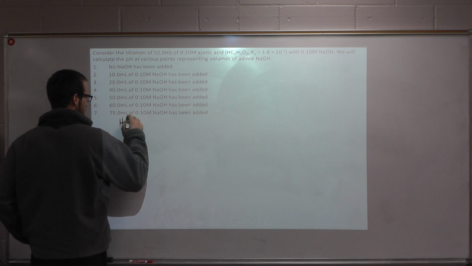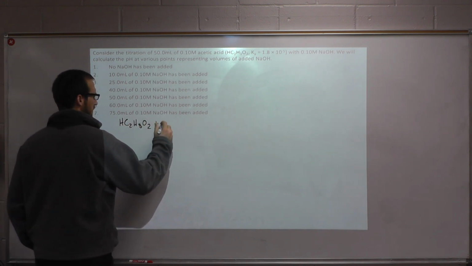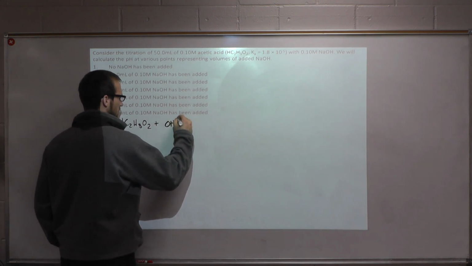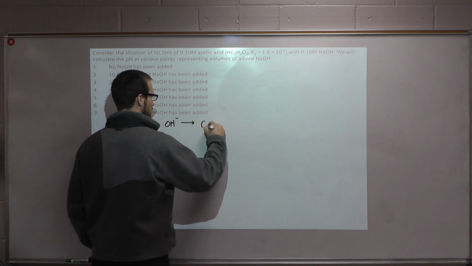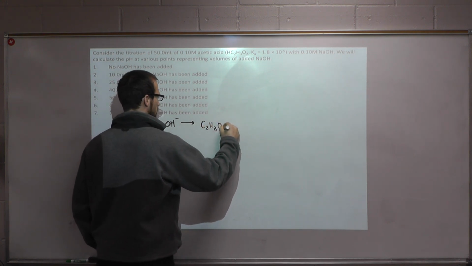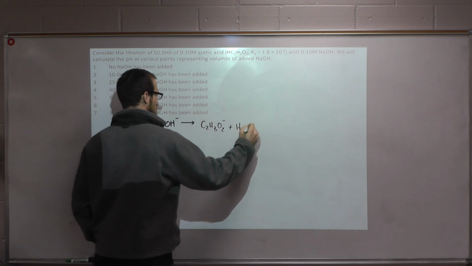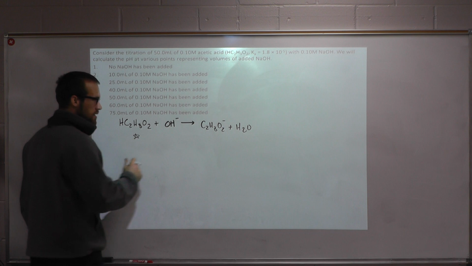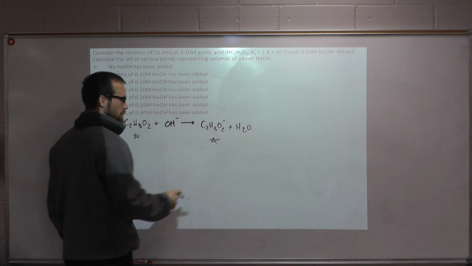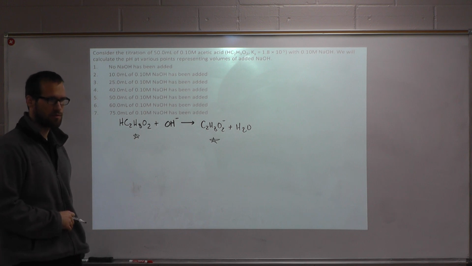we had our acid and it reacted to completion with that strong base, to give us some acid and some of its conjugate base, which was just like what we did when we solved for buffer problems.